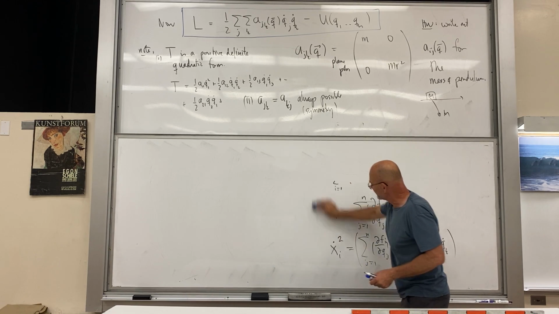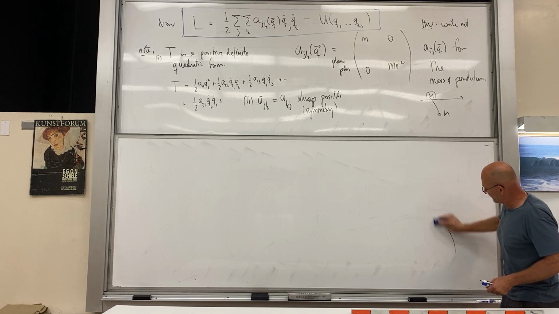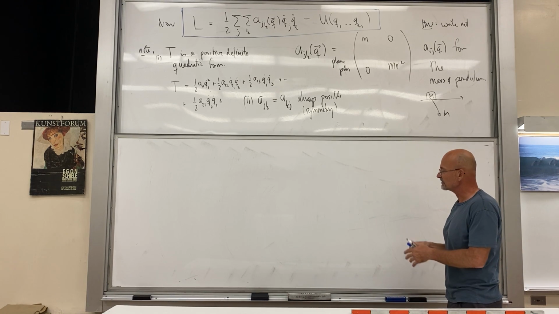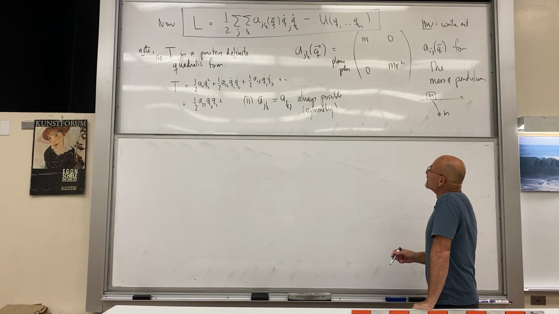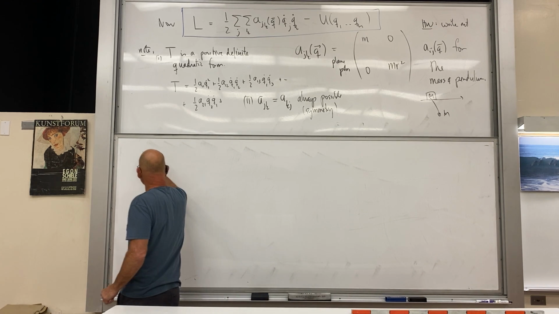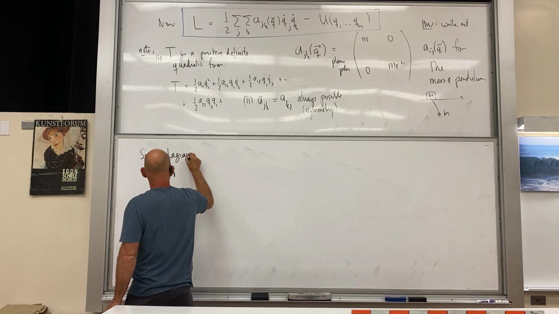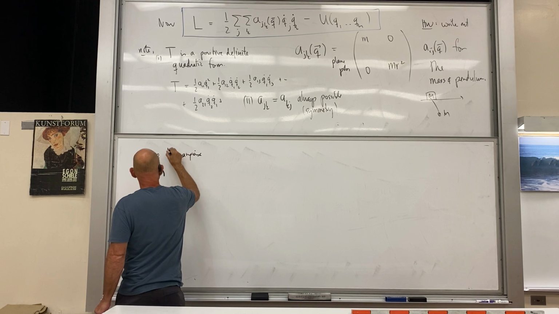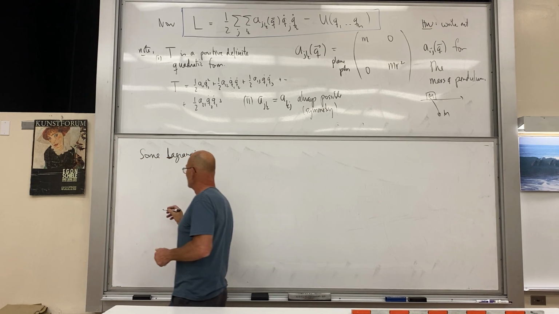Okay, so now that we have this, let's do the general form of the Lagrangian. Let's just go to some Lagrangians now. We have a couple already. We want to do the most basic ones just so we can write them down.